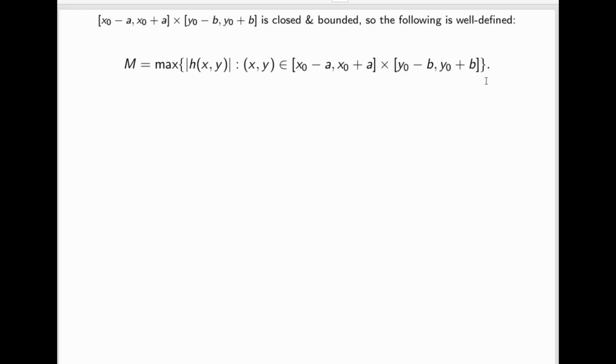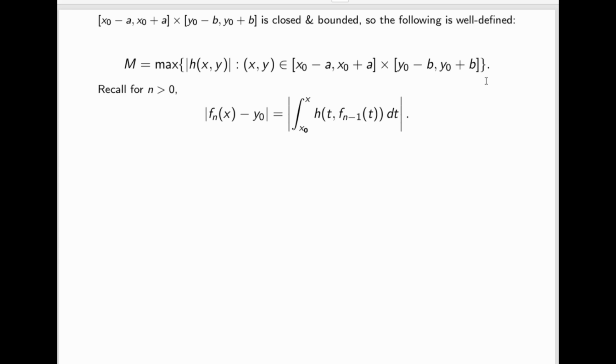This is possible because this is a closed and bounded rectangle in R2. So that makes this maximum possible by the extreme value theorem.